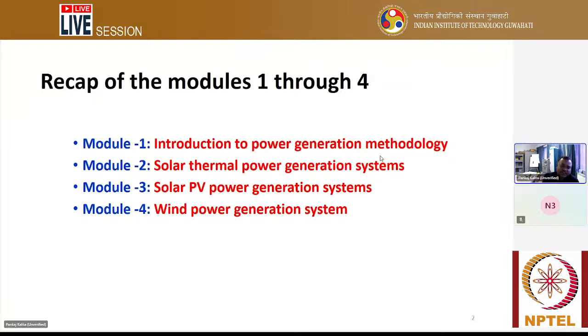The same Rankine cycle principle is applied for the power tower concept, but there solar harvesting is somewhat different. So what you will have is a lot of heliostats where solar radiation falls and reflects to the top of the tower, which is nothing but the absorber.